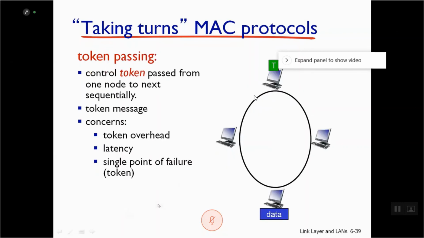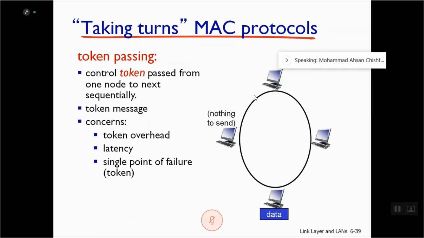The next taking turns protocol after the polling protocol is the token passing protocol. It's shown in the figure here. There is no master-slave relationship. They are all in a ring fashion, in a circular fashion.